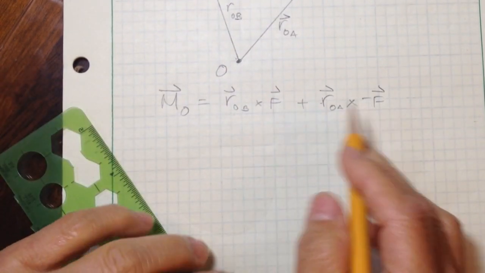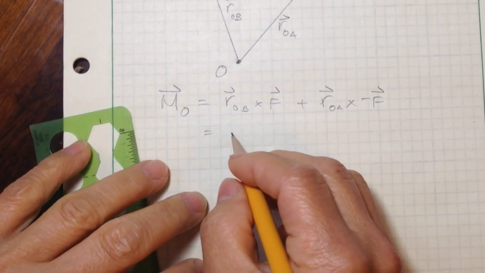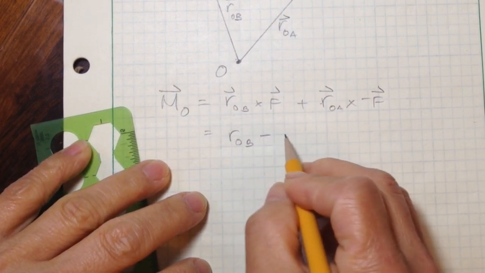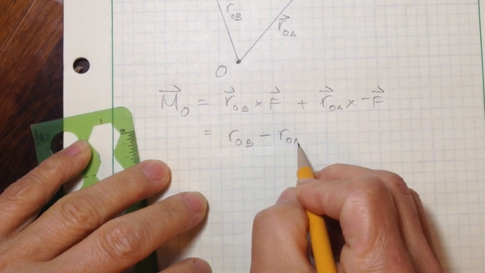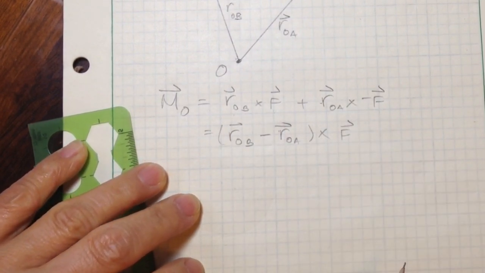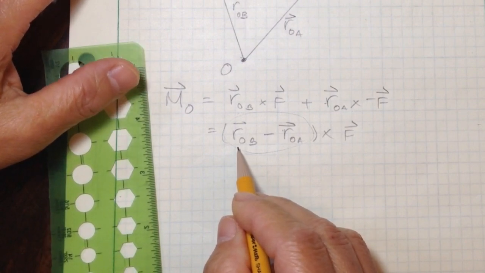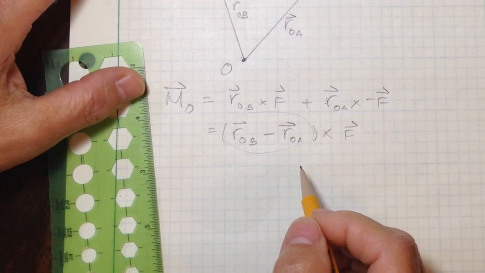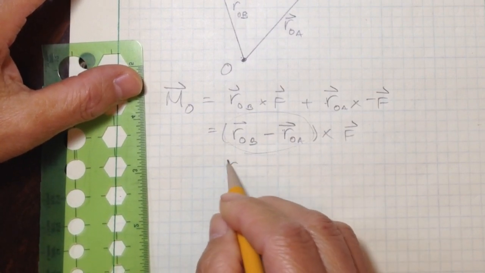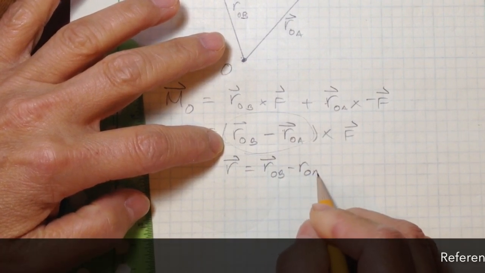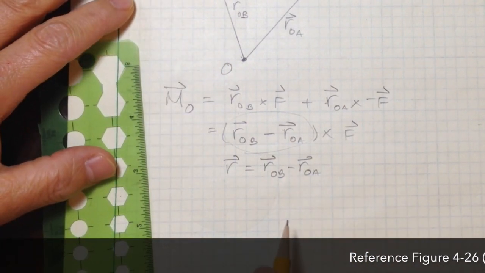These forces are equal in magnitude and opposite in direction, so I can actually rewrite this like that. Let's say the resultant of this, r_OB minus r_OA, is equal to a vector r. Okay, so r is equal to r_OB minus r_OA.